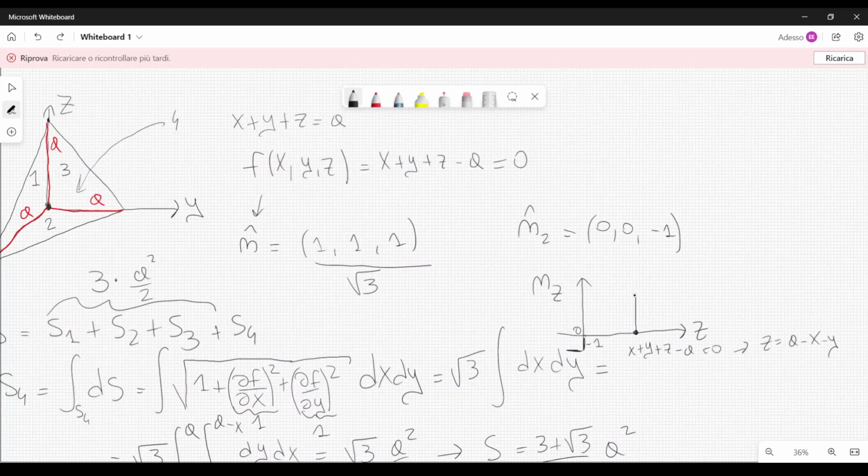But after this point, so maybe I could lower this point a little bit, because the height of this point here is going to be 1 over square root of 3. And then after this point, we will define it to be 1. So we have two discontinuities. One discontinuity is at this point, and the other discontinuity is at this point. So the normal is defined as 0 inside this region.